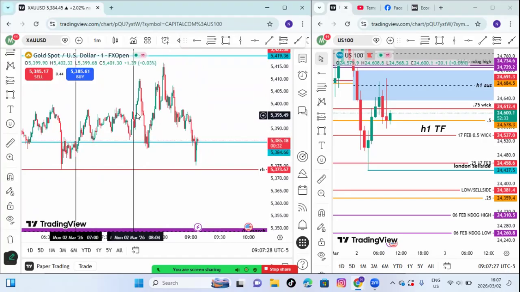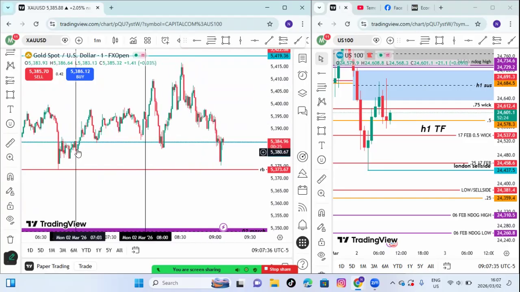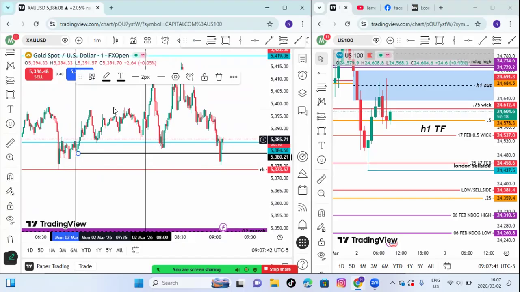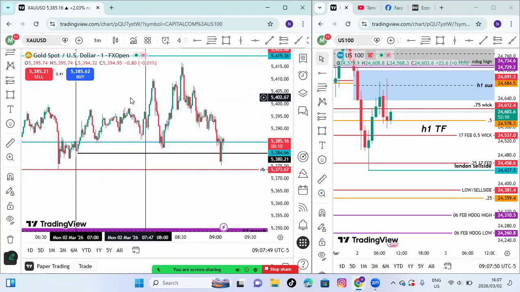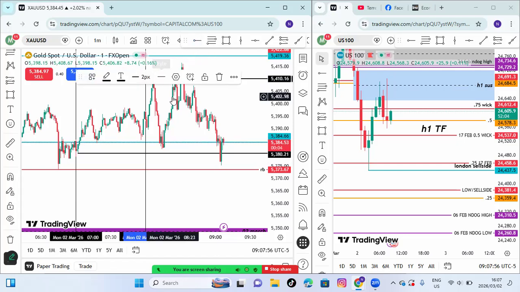Opens, does this, comes in, initial sell side there, initial sell side. Then we have initial buy side there.